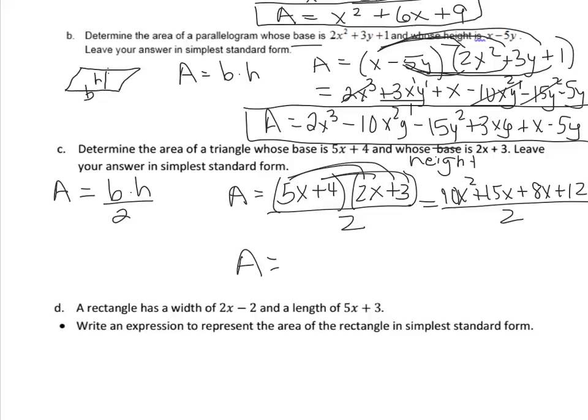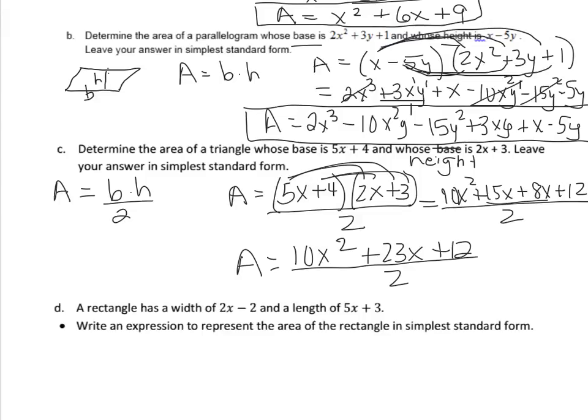Combining like terms, we end up with 10x squared, 15x plus 8x is 23x, plus 12, all divided by 2. And you're done. You found the area.